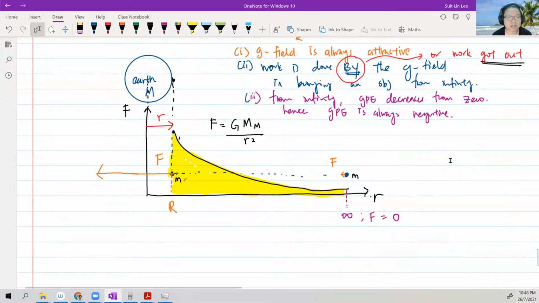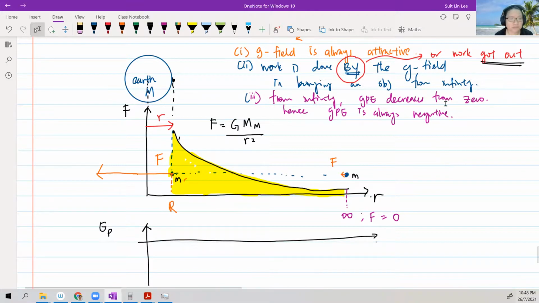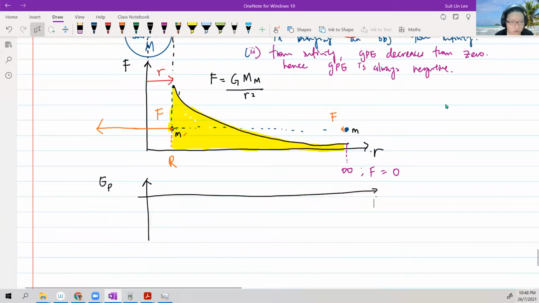From the perspective of this, as I continue this graph, I want to draw a graph of potential energy, EP, against distance. It is going to be a negative graph. At infinity, it's going to be 0, and it is going to curve this way.